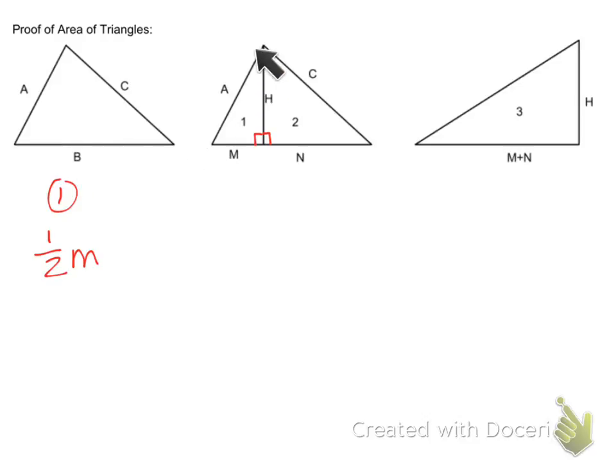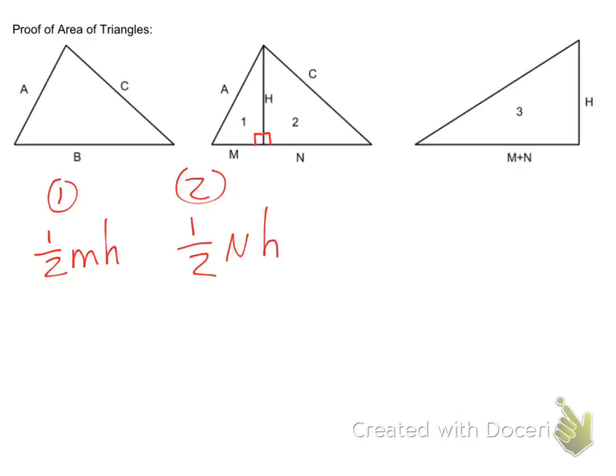What we did is drop the altitude straight down, creating two separate bases, and the height is H. For triangle 2, what's the base? N. What's the height? H.